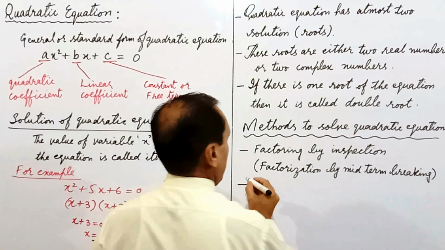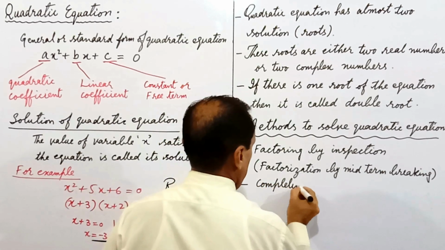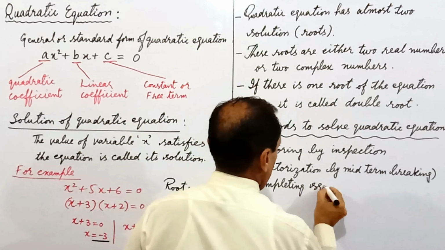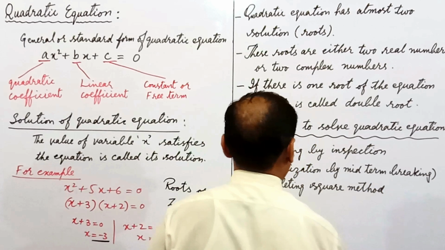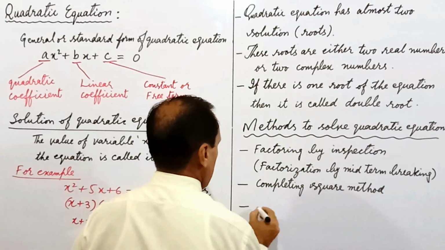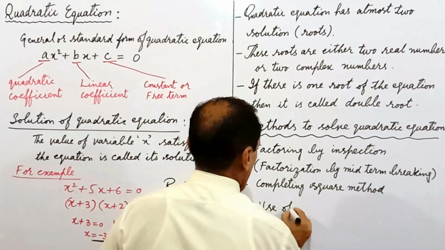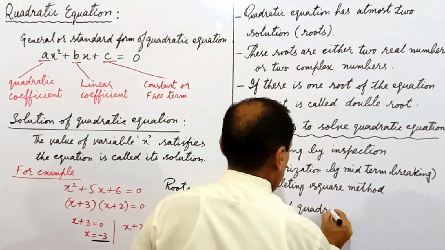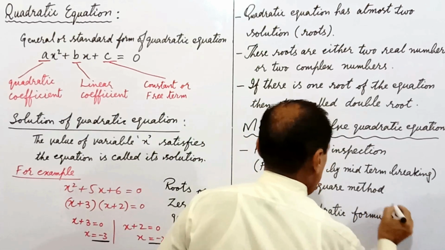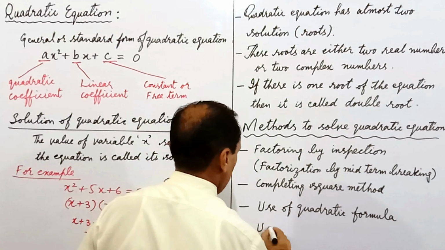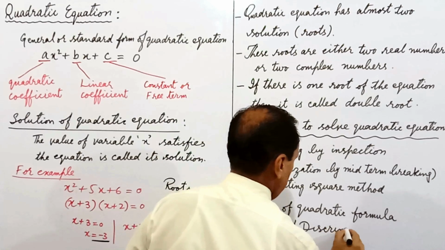Number two is the completing the square method. Number three, use of the quadratic formula, the use of the discriminant.